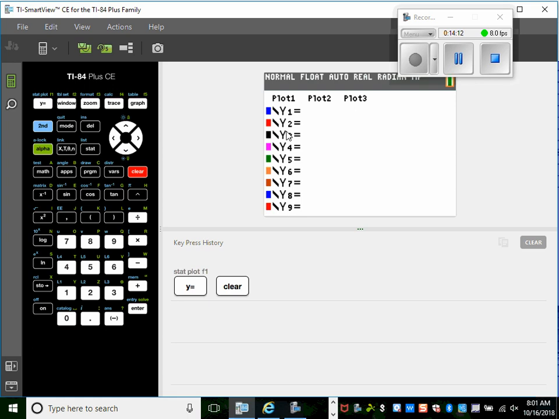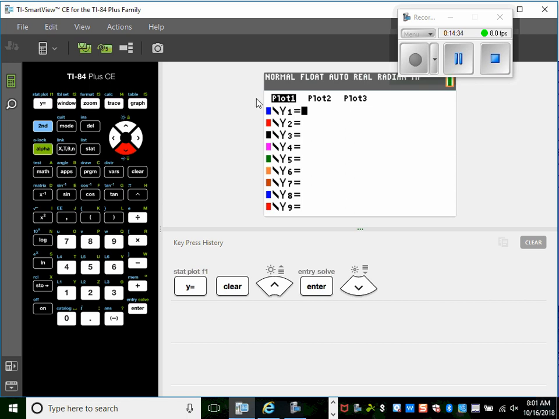One other thing I want to point out, make sure these plot 1, plot 2, and plot 3 are not dark. Now what do I mean by that? I'll show you. So see how now this looks like it's highlighted in black? Okay, you don't want that to happen, otherwise it will not graph.